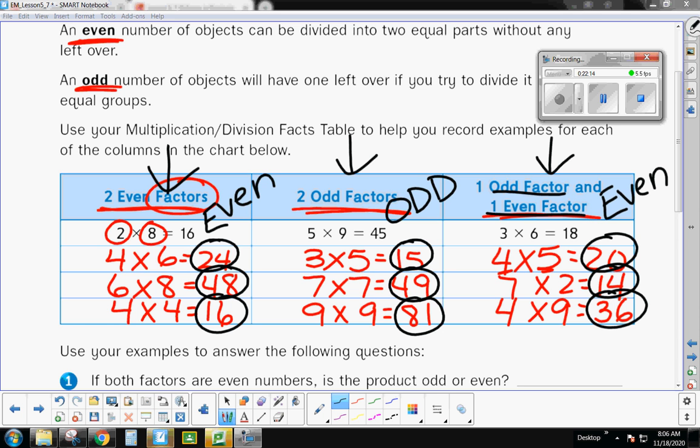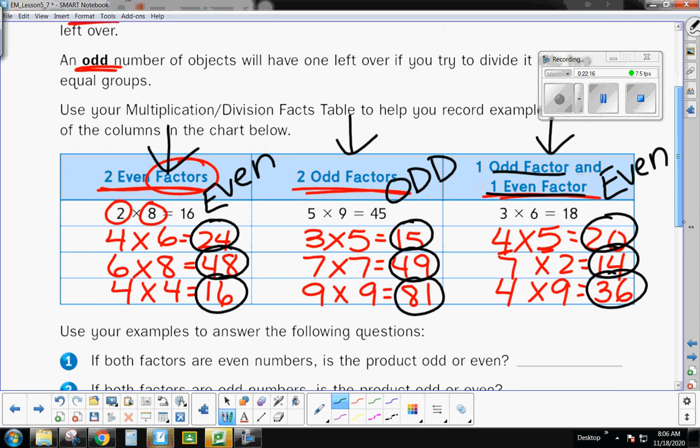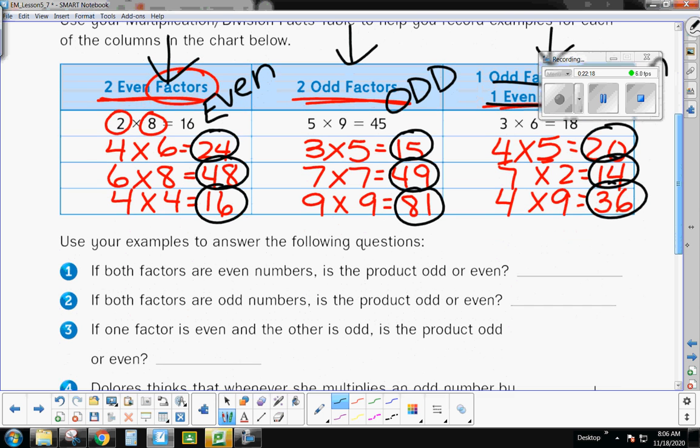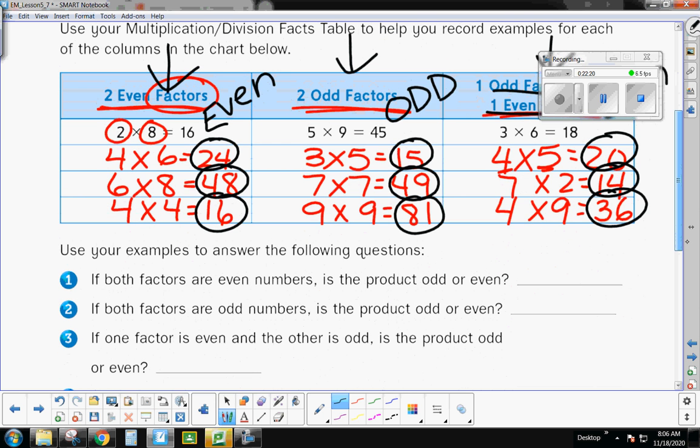This is another really important pattern for you to understand and to notice as you're memorizing your multiplication facts, because when both factors are even, guys, when both factors are even, the product is always going to be even. Okay?